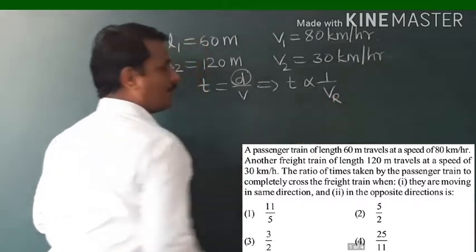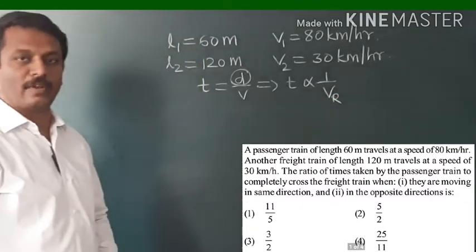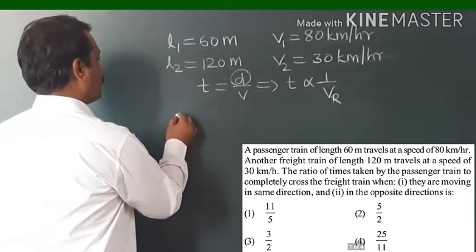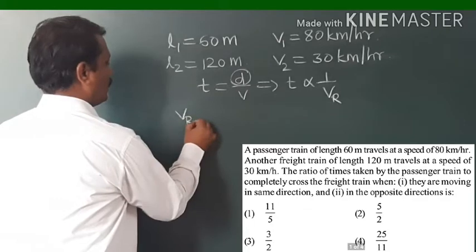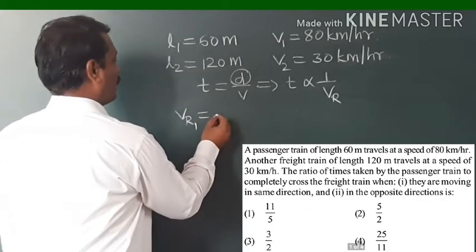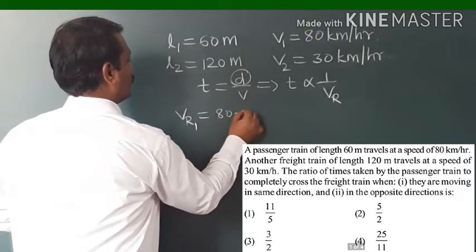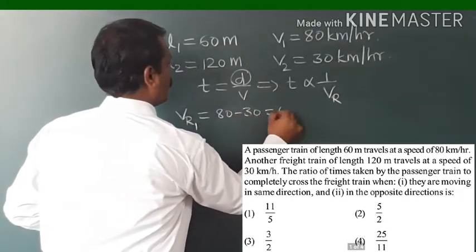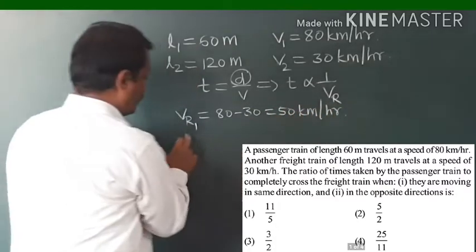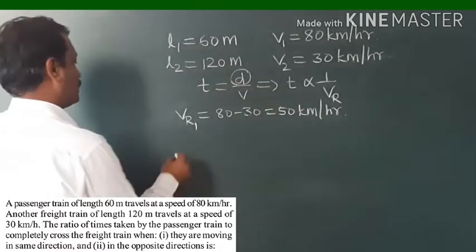Here both the trains are moving parallel to each other, therefore we have to take relative velocity here. So now first, when both the trains are moving in the same direction, the relative velocity, I will write it as VR1. Relative velocity is equal to 80 minus 30 is equal to 50 km per hour.